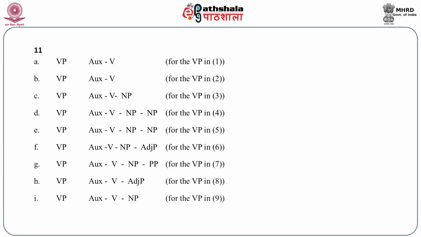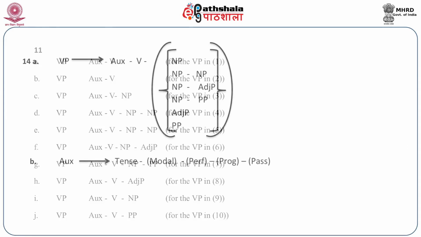And in 11I, we have the VP going into aux, V and noun phrase, where the noun phrase is after the V. And in 11J, which is the rule for the verb phrase in sentence 10, V is followed by a PP.